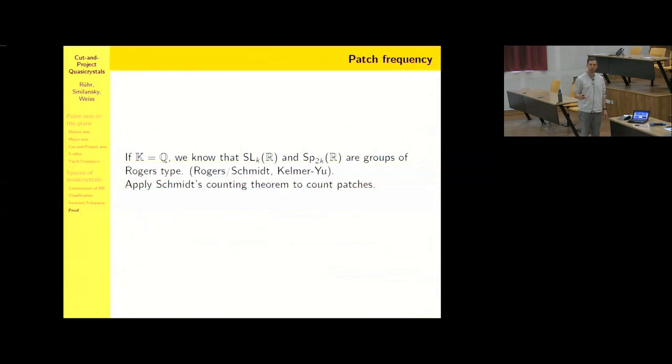So far we know, by work of Rogers and Schmidt, that KR is of Rogers type, and recently Kelmer and Yu, using Eisenstein series, following some approach by Kelmer and Mohammadi, showed it's also true for the symplectic group.